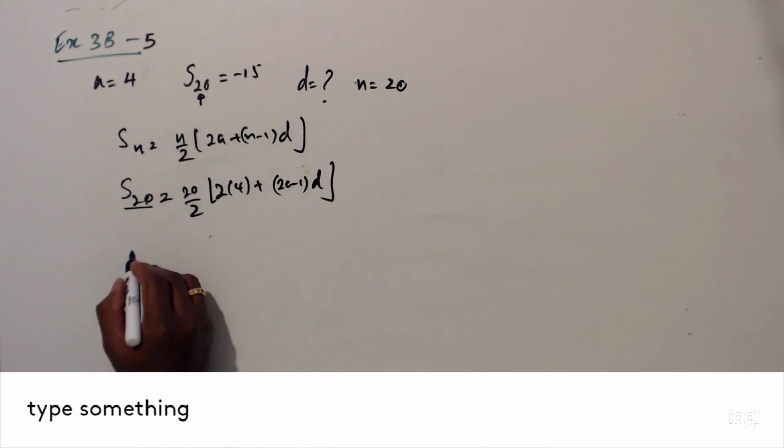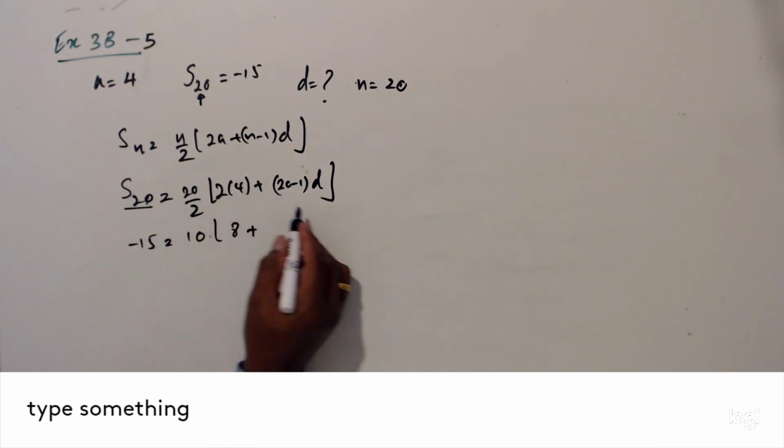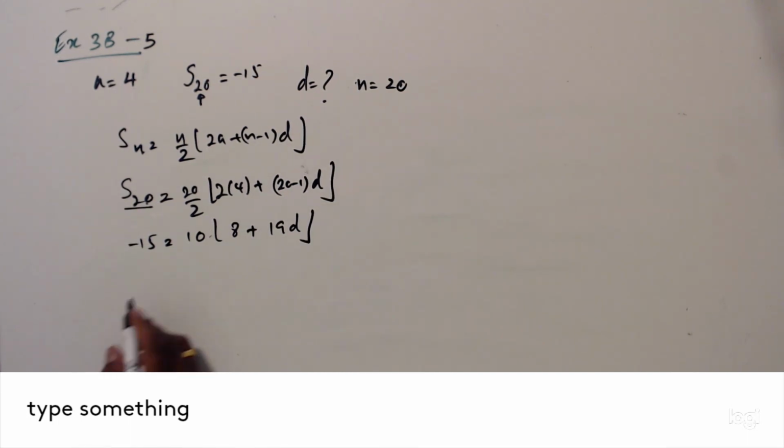S20 we know is minus 15, and this is 10 times (8 plus 19d).